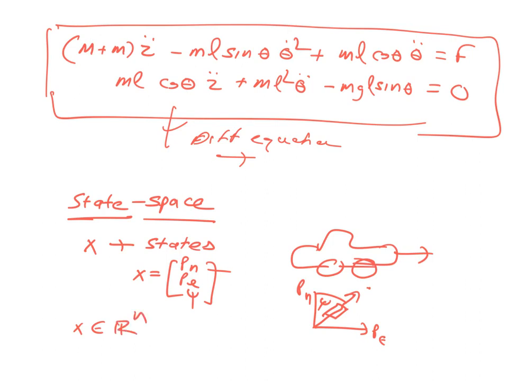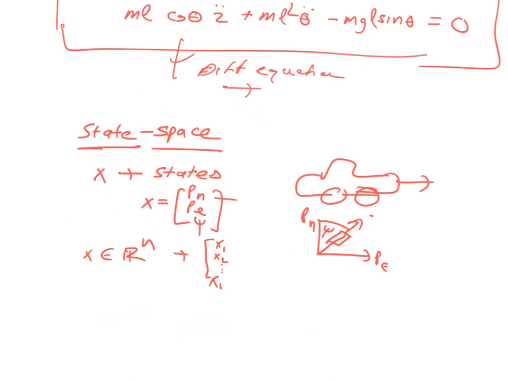What does that mean? That means it's a vector, so there can be n states. X can have n different states. X represents the total states of the system. R^n means it has n states, that means x1, x2 to xn, okay?